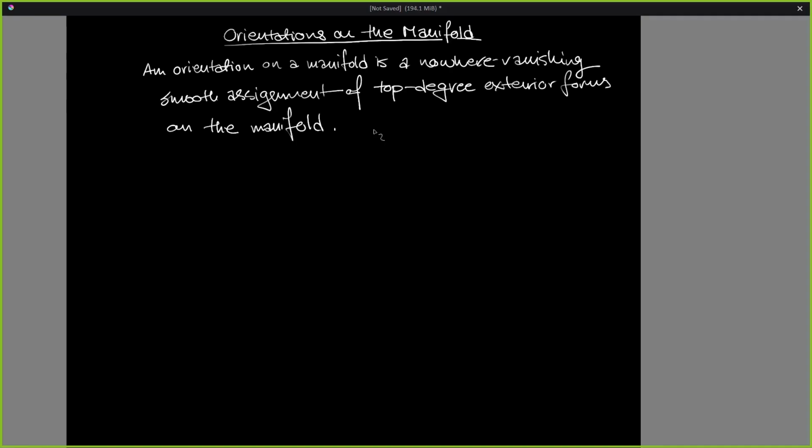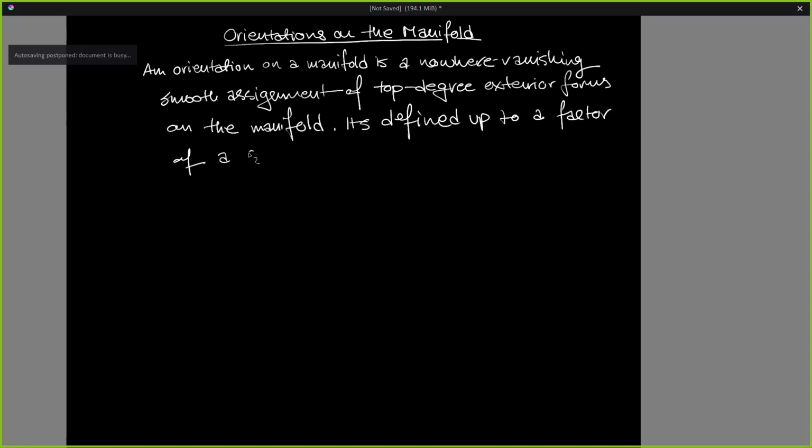So on each of these tangent spaces, we're going to be assigning an exterior form. It's not allowed to be 0 on any of the tangent spaces. If that's true, then we have something called an orientation. It's defined, similar to the definition on the exterior form, up to a factor of a strictly positive function.